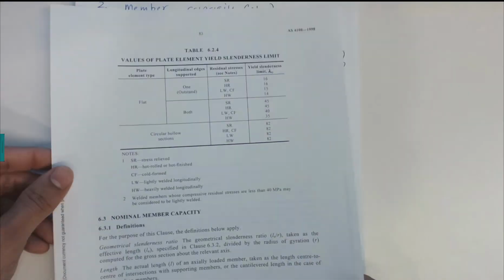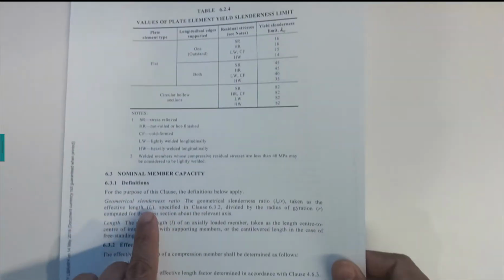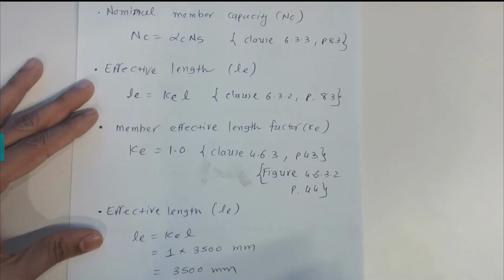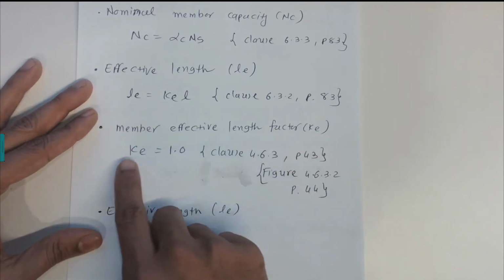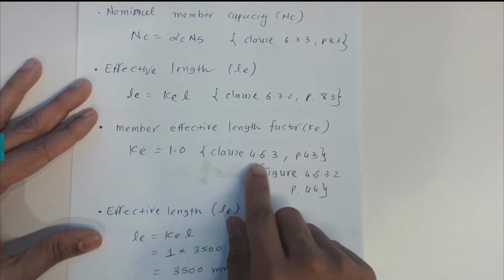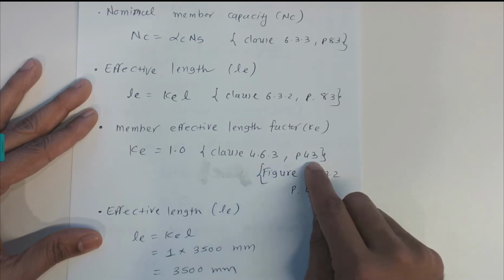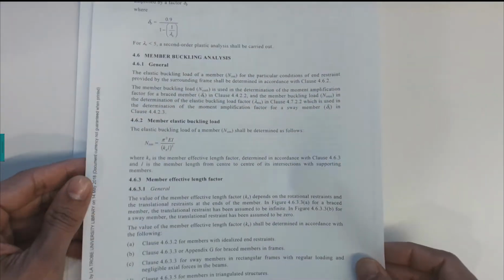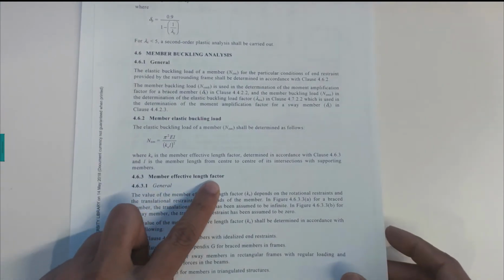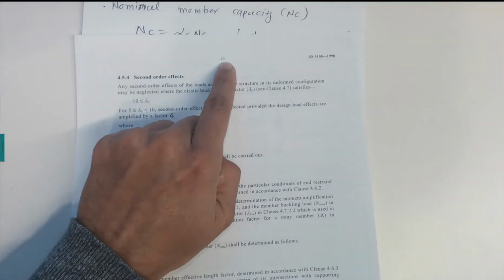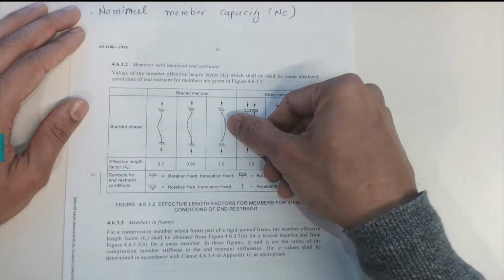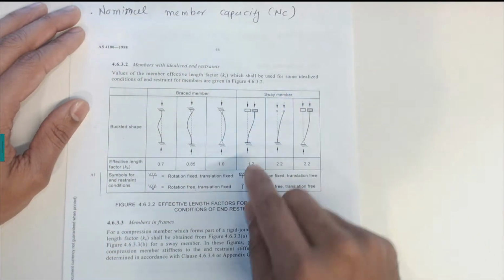On the same page, clause 6.3.2 gives the equation for effective length. The member effective length factor ke is given in clause 4.6.3 on page number 43. Over the page, on page number 44, we have pin ended columns, which is given in the question.